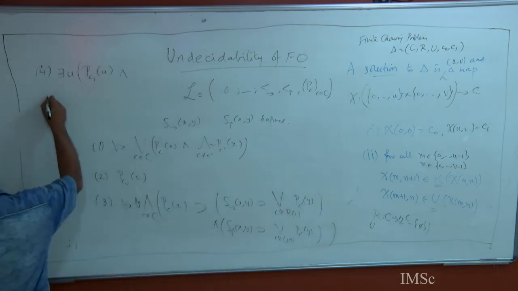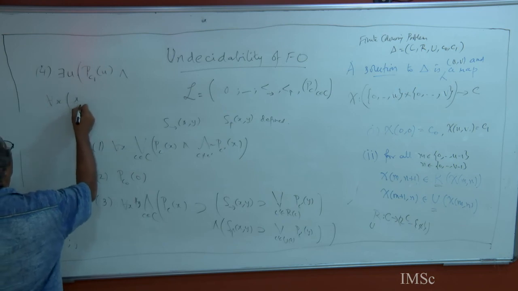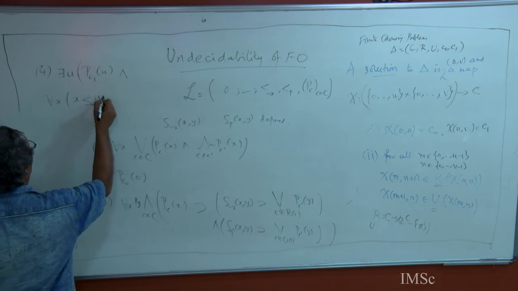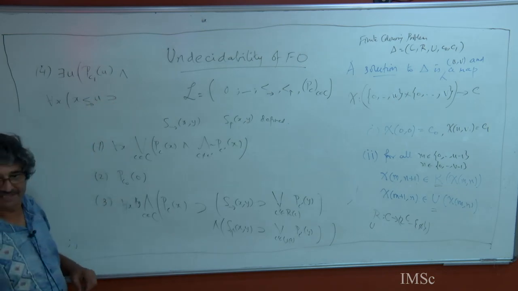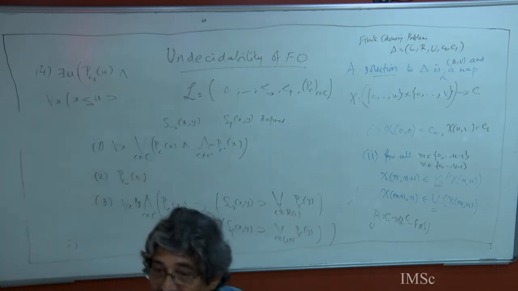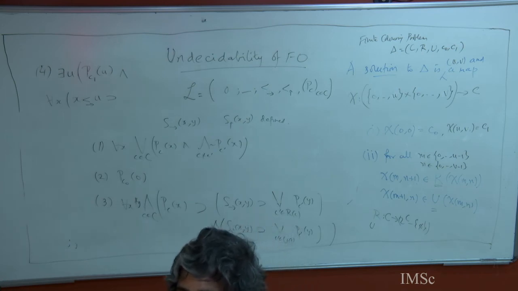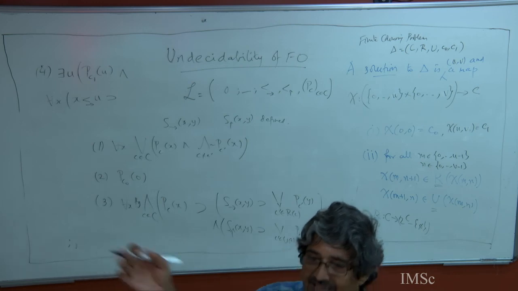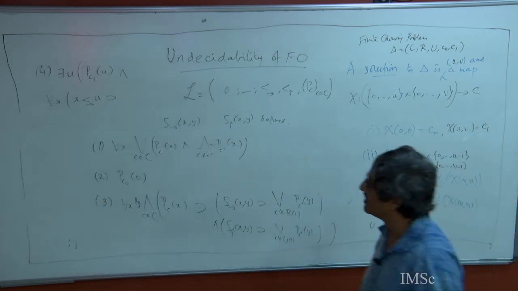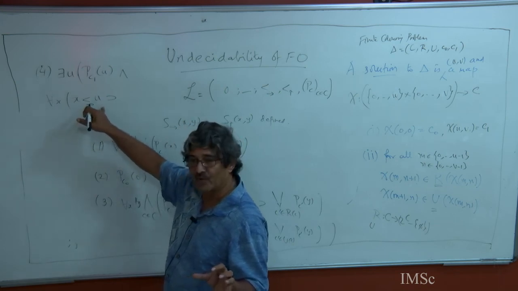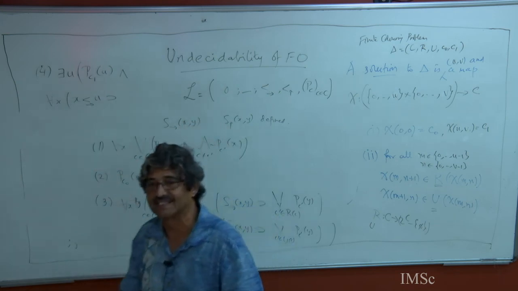So I need to write for all x, x is less than right u implies, yeah, this is an order relation. Remember, it's an order relation. That means that the left component, that's how we have read it, it's the x component, the x axis for this is less than the x axis for u. So that means that it has a right successor.